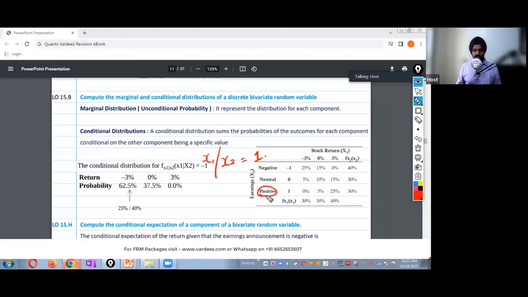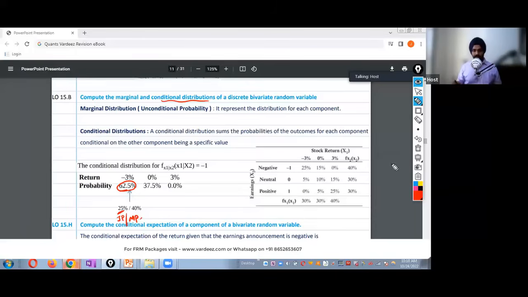That means only this thing is given to you. This thing is irrelevant. I can delete this thing. It's irrelevant. That means I just need to use this data for these x1. Fair enough. That's all that we are doing, and we are to find this 62.5. We take the joint probability divided by marginal probability. That's it.